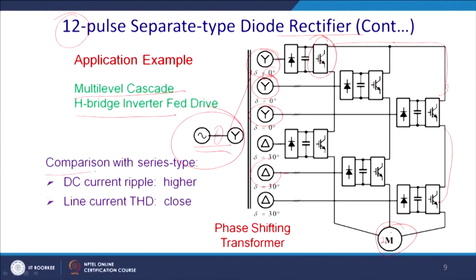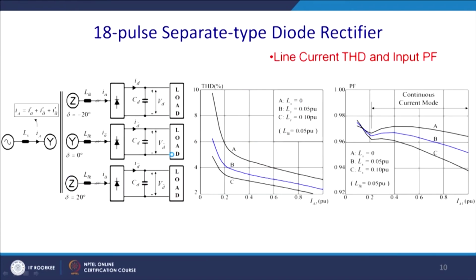We can compare with this series type configuration, and generally we will observe that the DC current ripple will be a little higher, and the line current THD will be close to this series connected THD. So, this is the analysis of the 18 pulse converter for the separate rectifier.